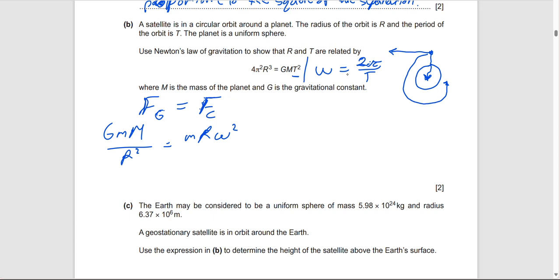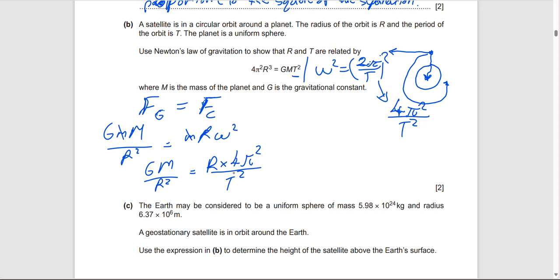If we square that, we get 4 pi squared over T squared, right? And then we can cancel out the m. Then we have GM over r squared is equal to r multiplied by 4 pi squared over T squared.